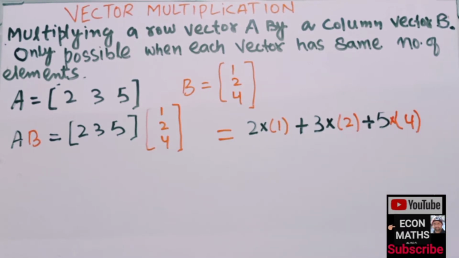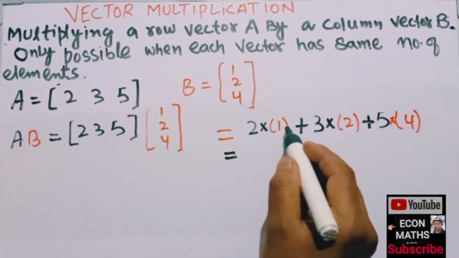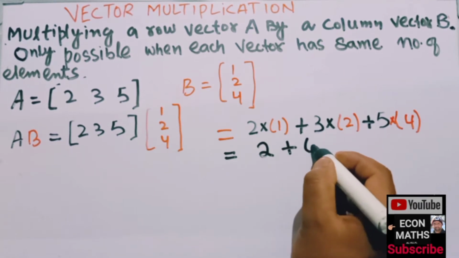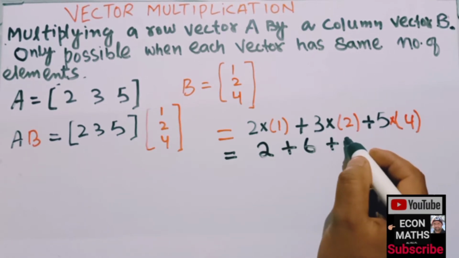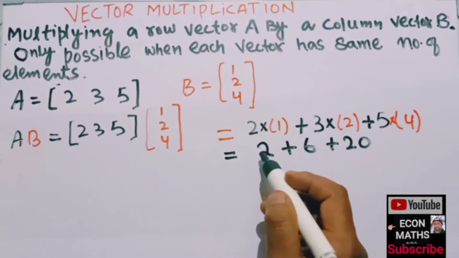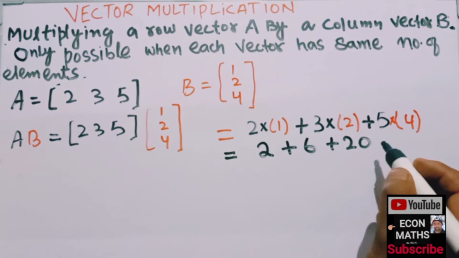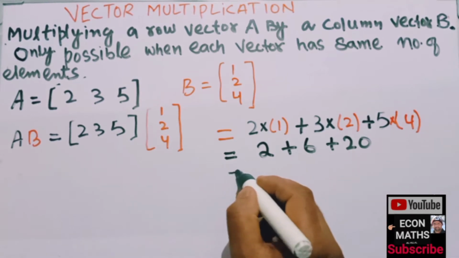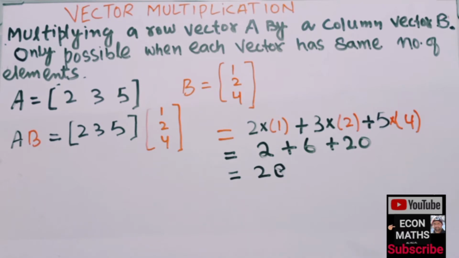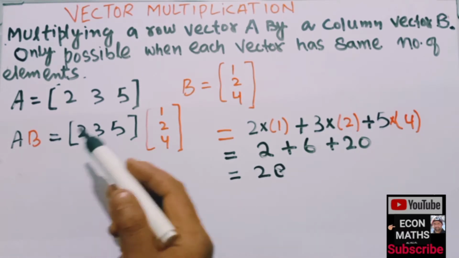So this will become, now this is 2 ones are 2 plus 3 twos are 6 plus 5 fours are 20. So this will become 26 plus 2, that is 28. So I will write here, this is 28. So I have multiplied the row vector with the column vector.